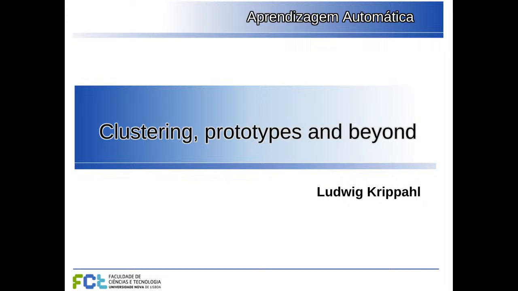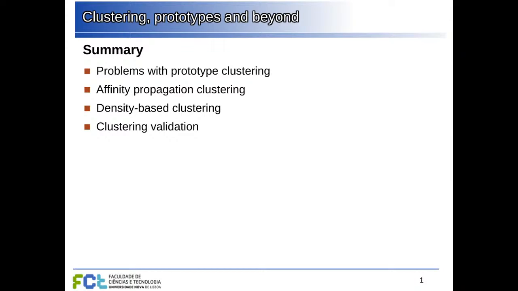So now we're going to look at some problems with prototype clustering. Some, with k-means, like choosing a priori the number of clusters, we can solve with other algorithms, for example affinity propagation, which I'm going to talk about in some detail.